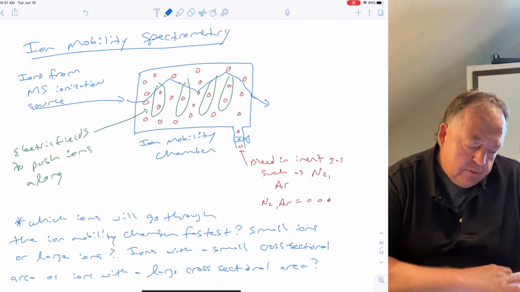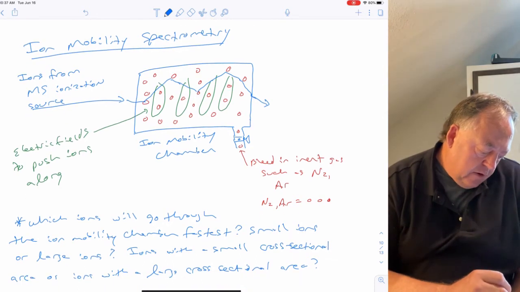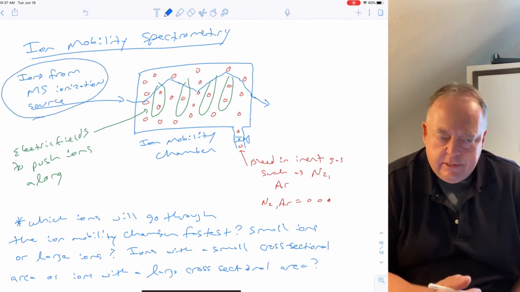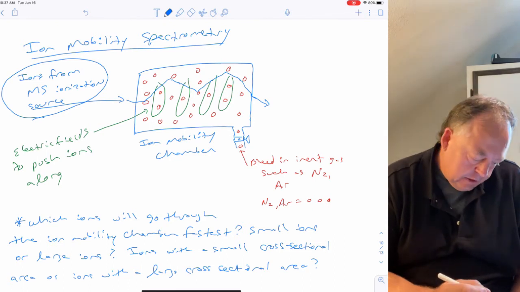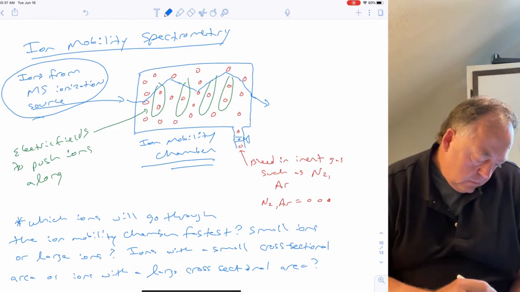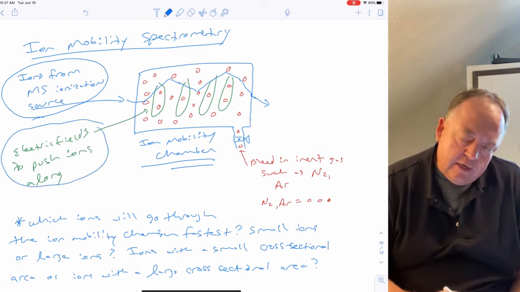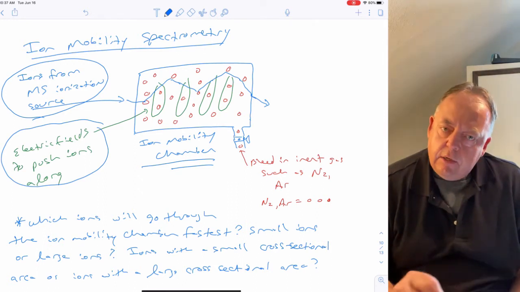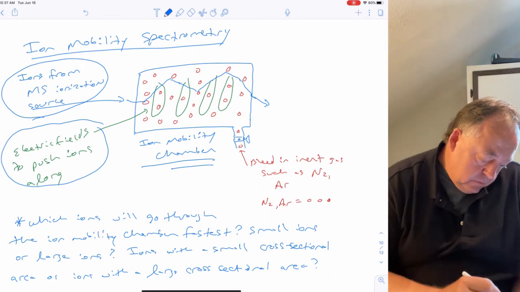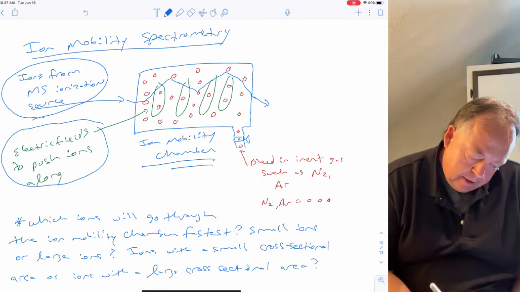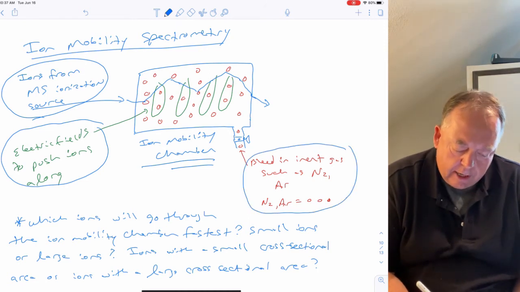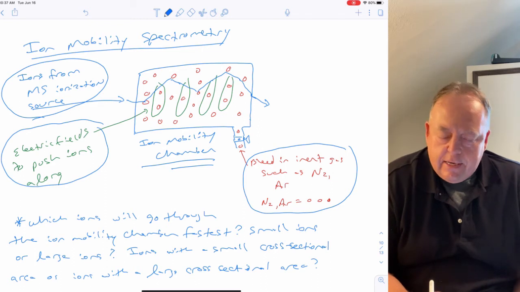So in ion mobility spectrometry, you have your ions from your mass spec ionization source, whatever that is. Maybe it's ESI, or maybe it's a different form of ionization. And those go into what's known as an ion mobility chamber. Here, what's in green is electric fields, and those are used to accelerate the ion and to re-straighten the path of the ion. Your sample comes in, and then you also bleed in inert gases, such as argon or nitrogen, something that's going to be very non-reactive.